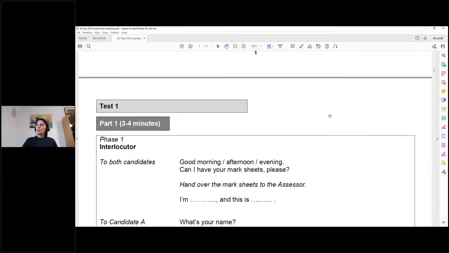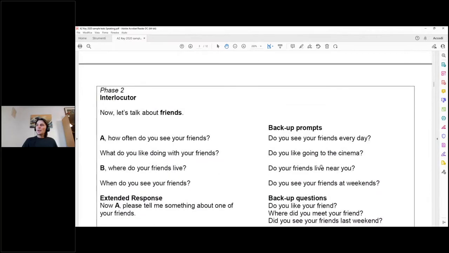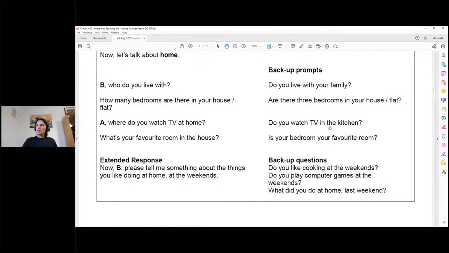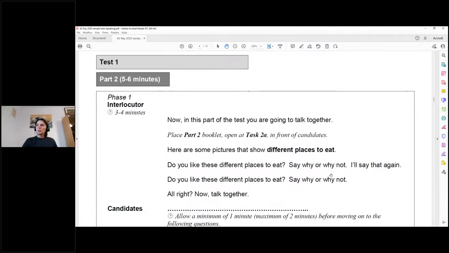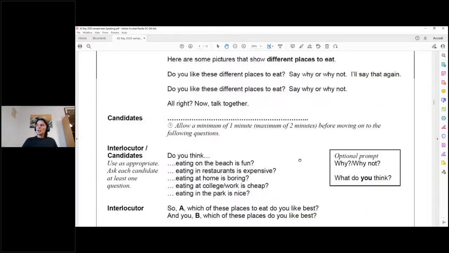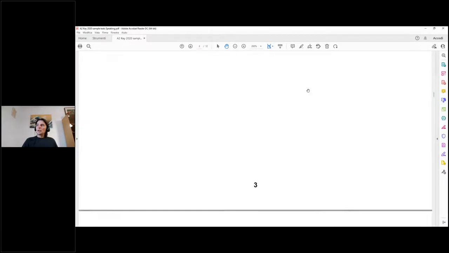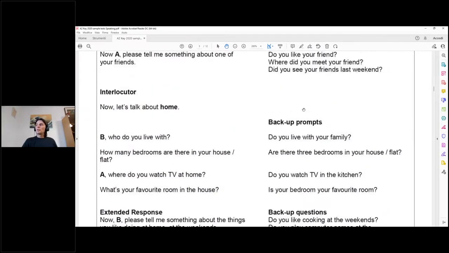For example, in part 2, when students talk to each other, students must ask questions to each other, and you have to record your questions on WhatsApp for me as well.